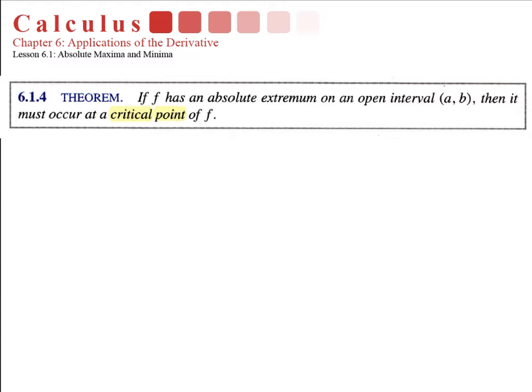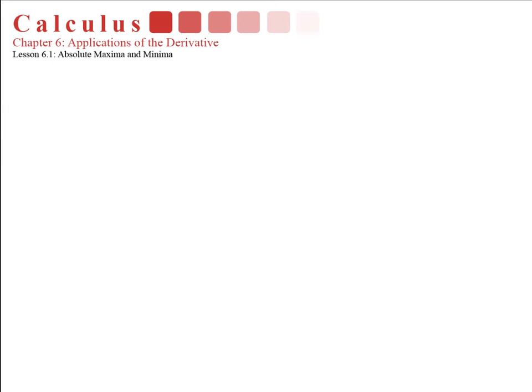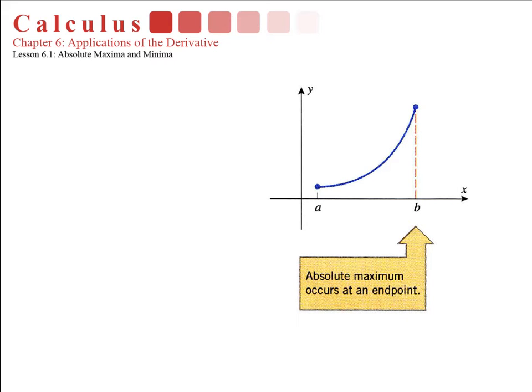Theorem: if f has an absolute extrema on the open interval from a to b, then it must occur at a critical point of the function. Let's consider the following example. This function is continuous and the interval is closed because the endpoints are closed points.